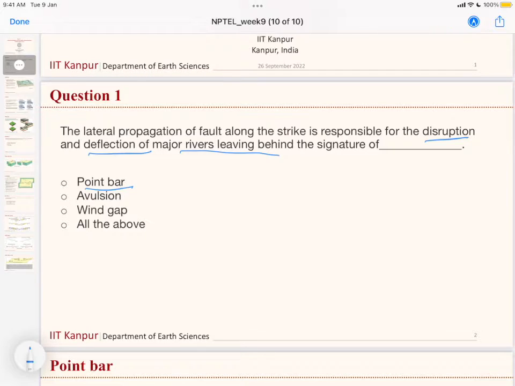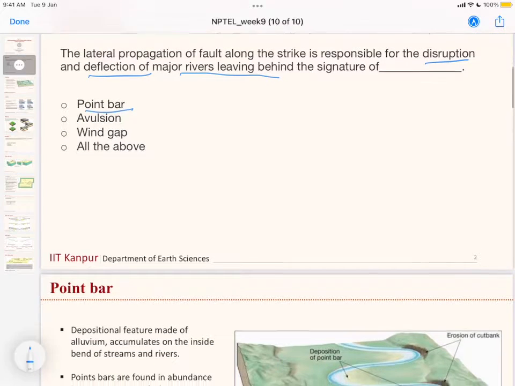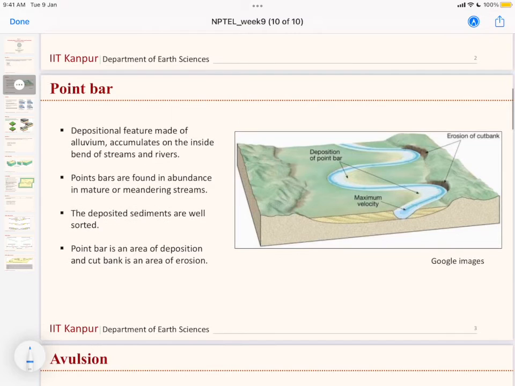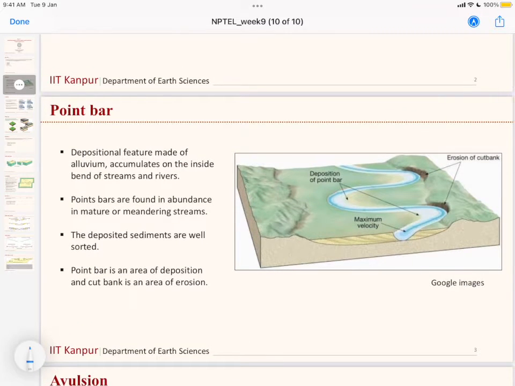So if we have to define it, it's a depositional kind of feature that deposits along the river path. From this illustration we can see the river channel, which I am marking with a blue marker. This is a meandering river because its path is not straightforward, it has a sinusoidal kind of path.